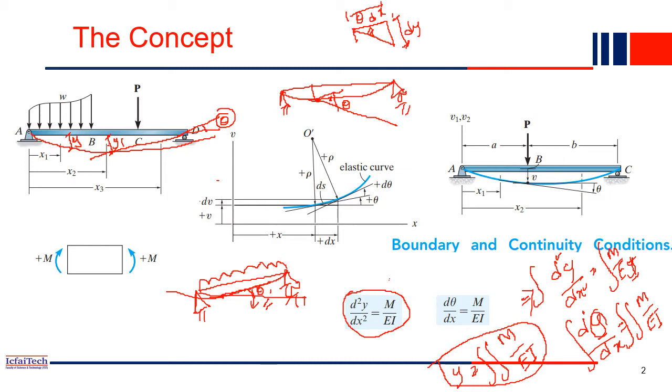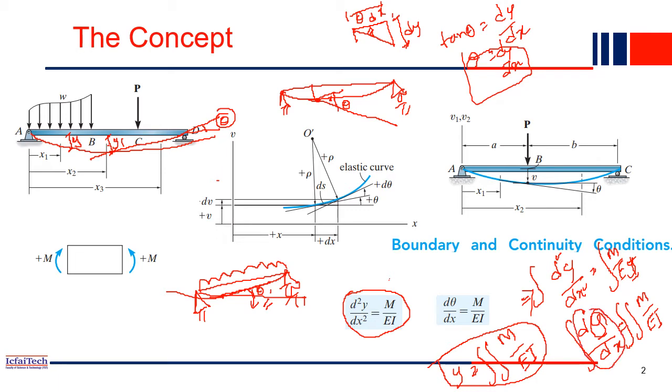So what is theta? Basically, tan theta is equal to dy/dx. But normally if the slope is very small, we can say theta is equal to dy/dx. So ultimately dy/dx, the first derivative, is your theta.